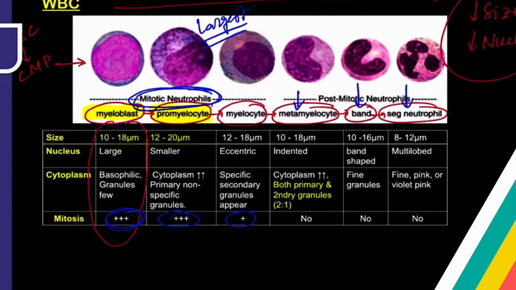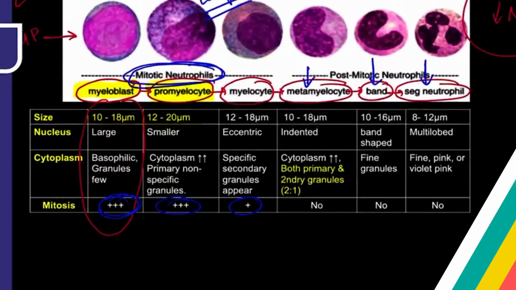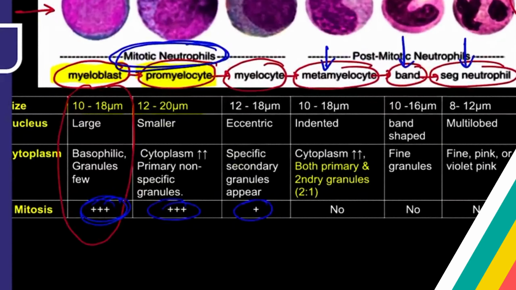Apart from that, you have to remember another important character, that is the presence of granules. So if you think of granulocyte development, or development of WBC, you note down where the primary granules appear and when the secondary granules appear. So look here. It is the promyelocyte cell where primary non-specific granules appear.